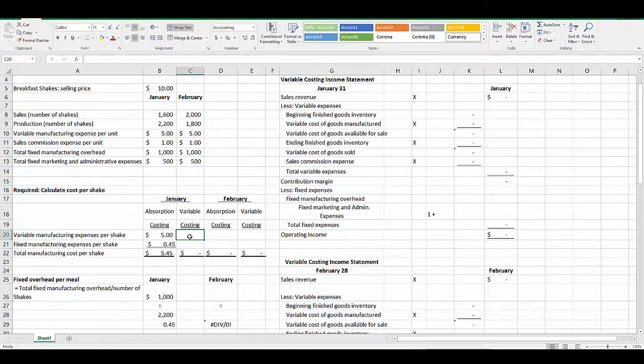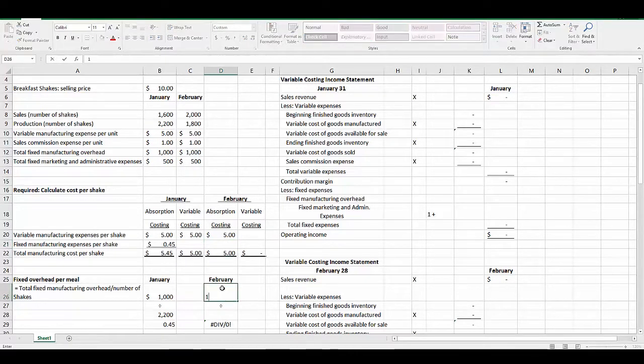For the same month, if you're using variable costing, you only have the $5, and that's it. So we'll go along and look at February. In February, the variable cost remains at $5 for absorption. The fixed cost remains the same at 1,000, but you will see that in February the number of units produced declined to 1,800. So now we want to spread out that $1,000 over the 1,800 units produced.